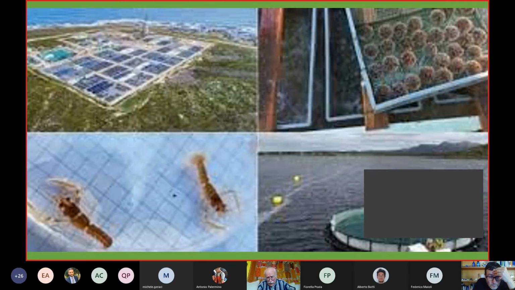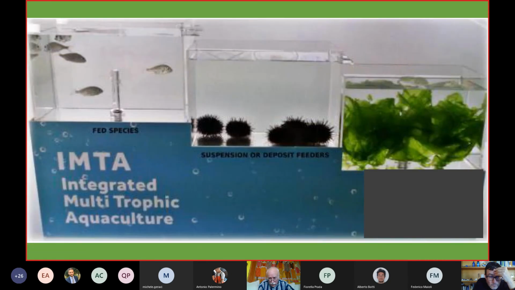And here you can see examples of polyculture. When you grow algae, you grow urchins, you grow shrimps. And here you see again the same. The ulva is cultured basically on the wastewater coming from fish, and in this example, urchins.